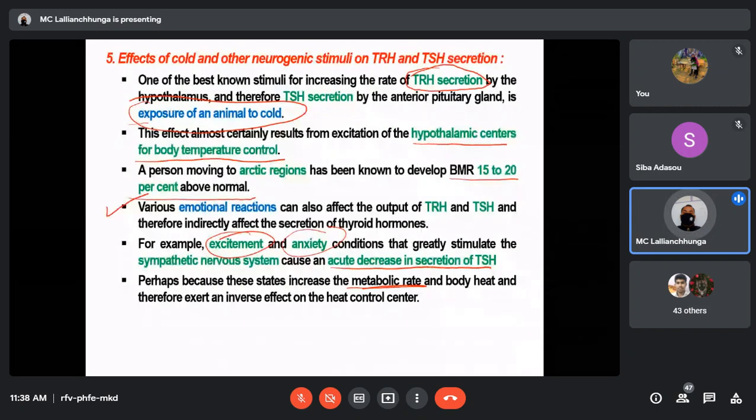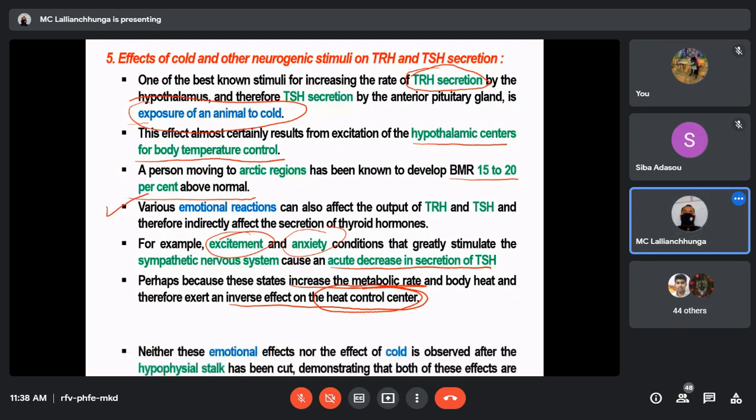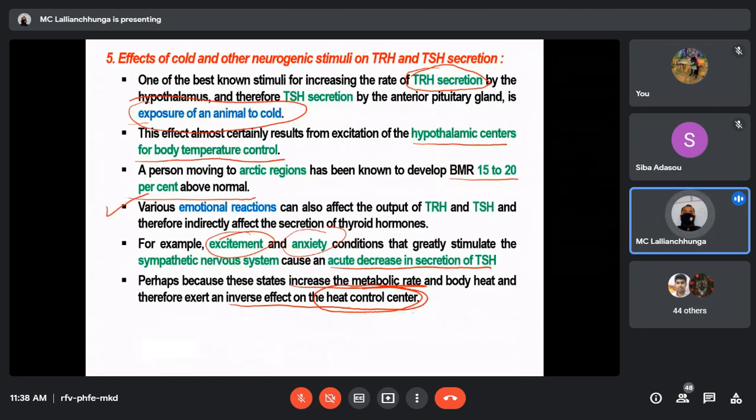So metabolic rate will be increased, BMR will be increased. When there is an increase in the BMR, it will have an inverse effect on the heat control center in the hypothalamus. Then there will be suppression of TRH secretion because the body is already hot and the metabolic rate is already high.